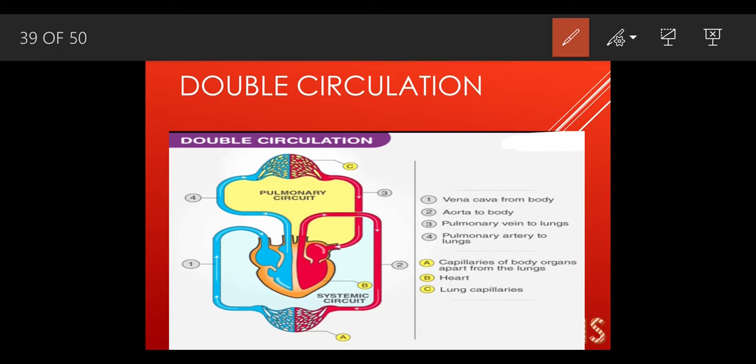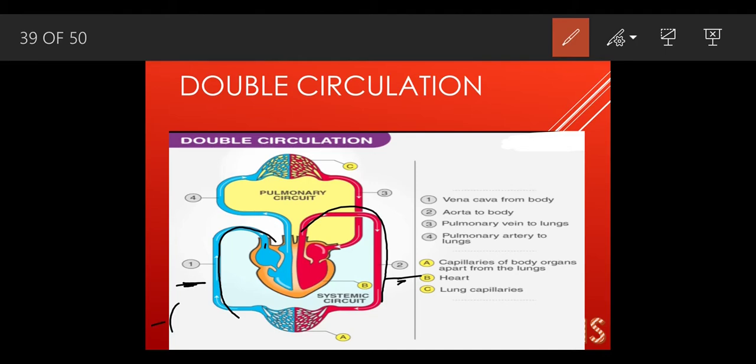But if you notice this part, the 1 and 2: 1 is the vena cava, 2 is the aorta. The blood is coming from the body, and this vessel is taking the blood from the heart towards the body part.